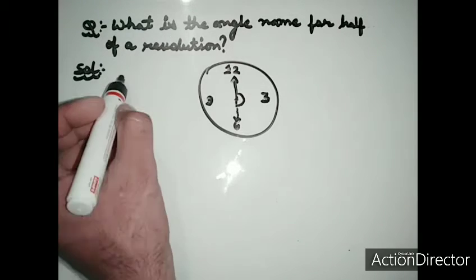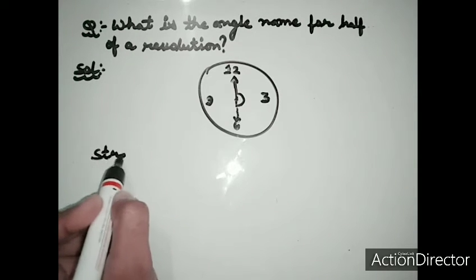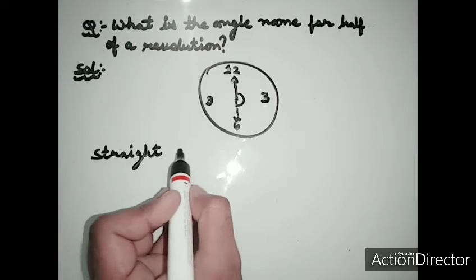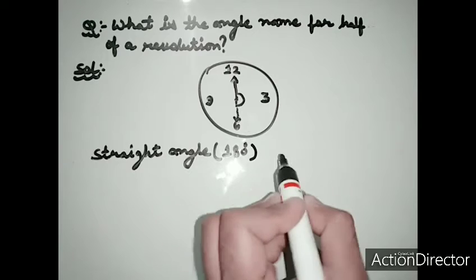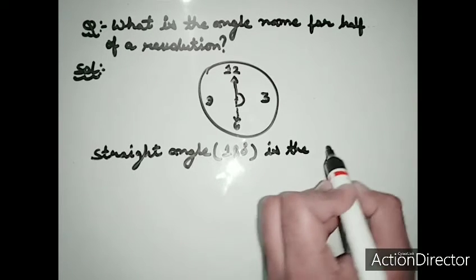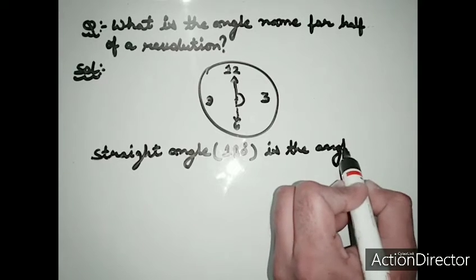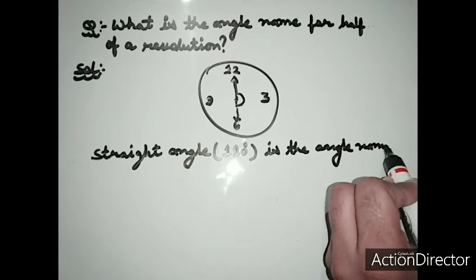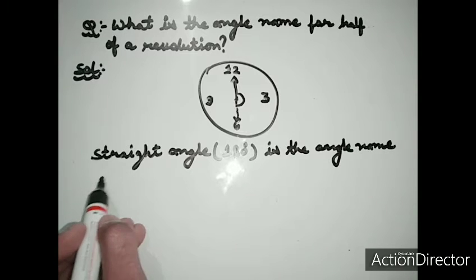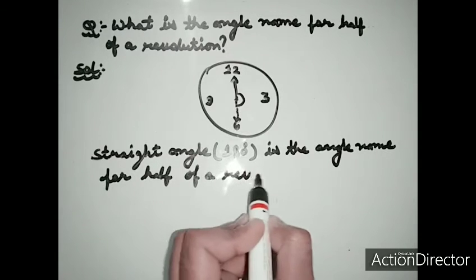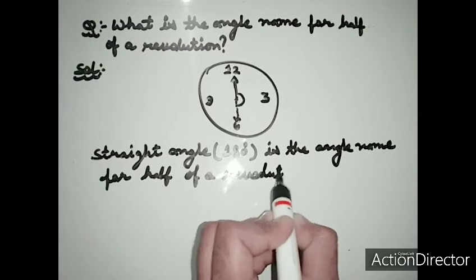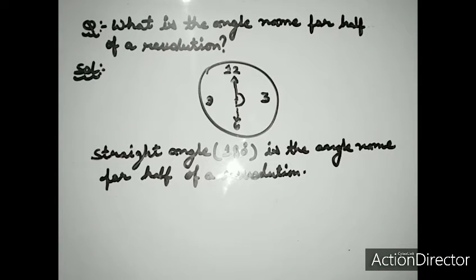So here we say a straight angle, and in brackets here we write 180 degrees, is the angle name for half of a revolution.